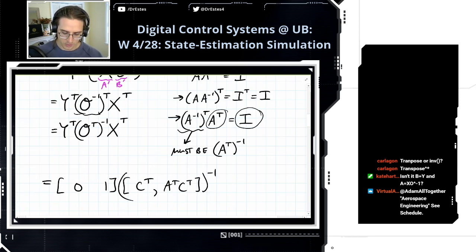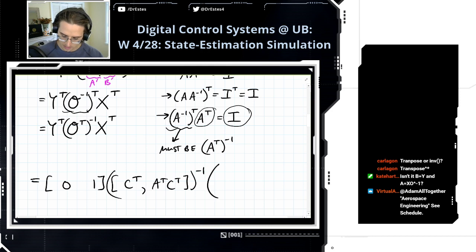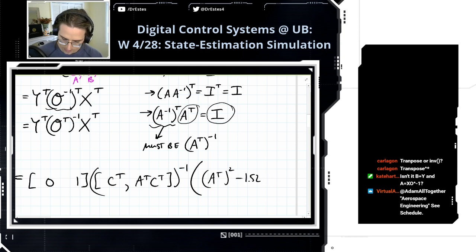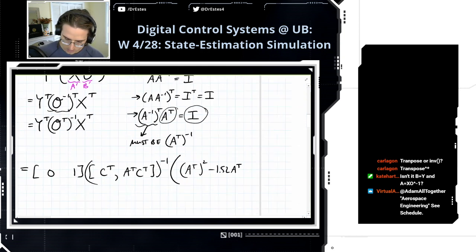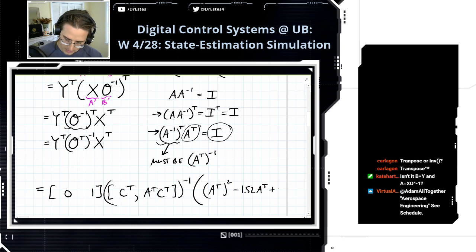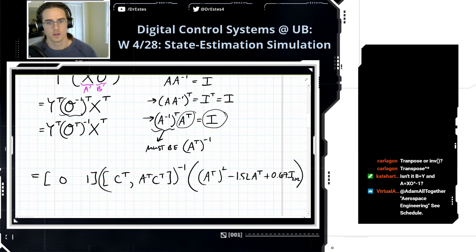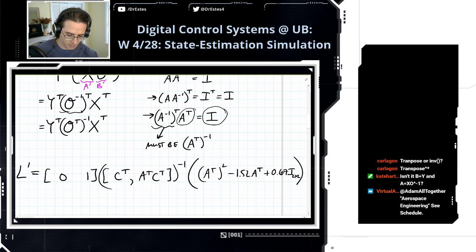And then the X matrix up above, if you transpose that, it would be A transpose squared minus 1.52 A transpose plus 0.67 times the identity matrix. So we have this formula: L transpose is equal to this stuff.